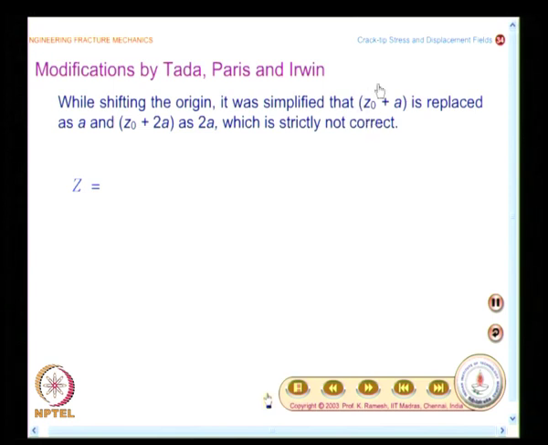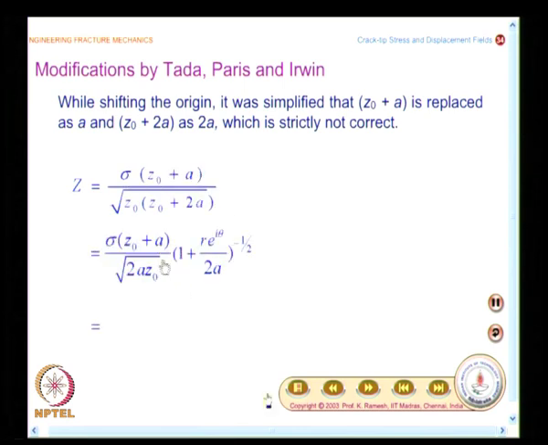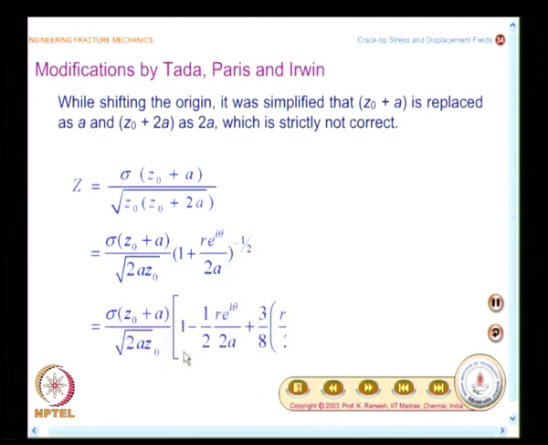You have simply modified z naught plus A as A and z naught plus 2A as 2A and so on. Instead of taking it that way, you could express the denominator in terms of a binomial series, and you are getting a series solution.